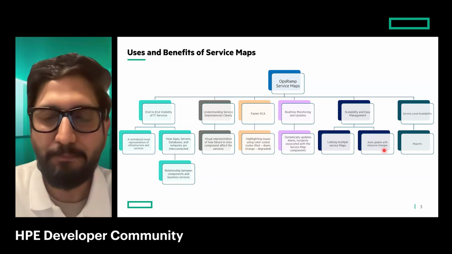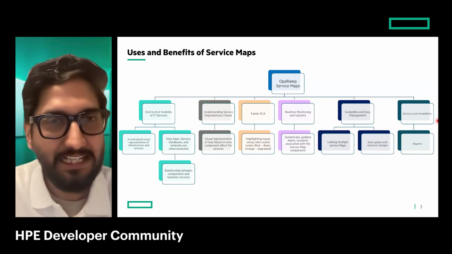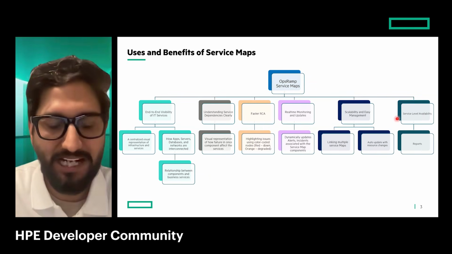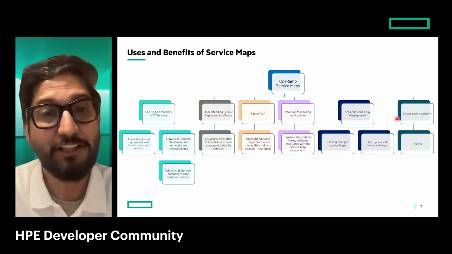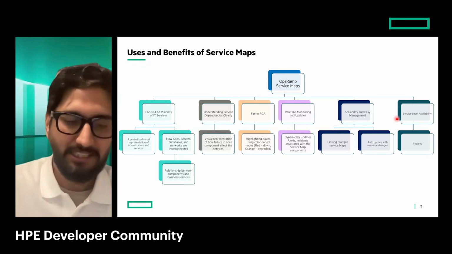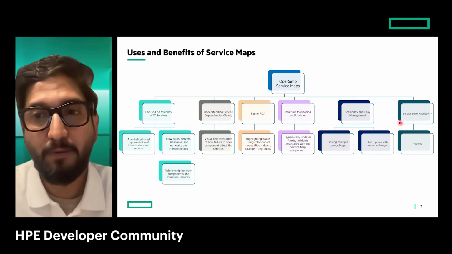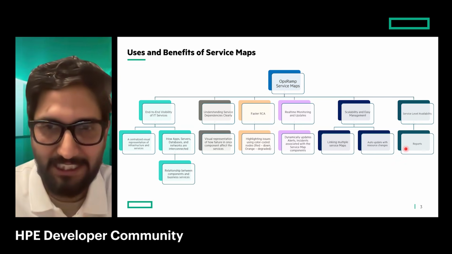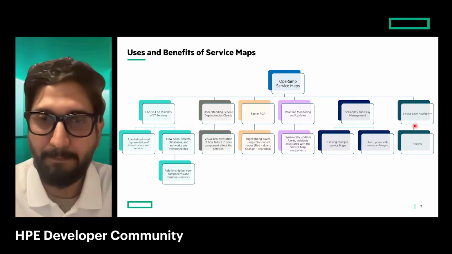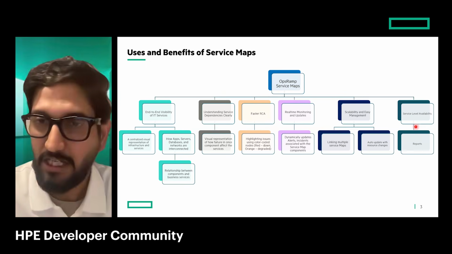And finally, very important of all, while any standard ITOM or AIOps tool can provide us the availability at a component level, the device availability at a component level, OpsRamp can also provide us the service level availability, right? These reports are going to be very important if you want to report on your services to your customers or to your leadership.